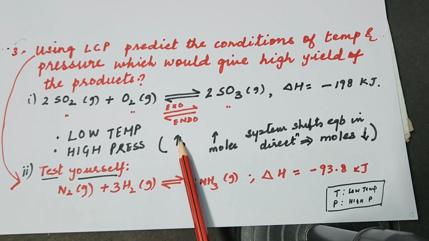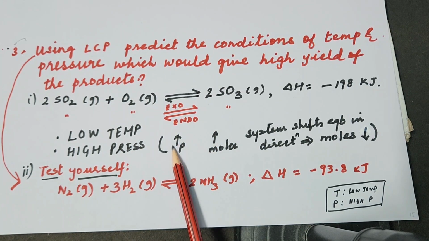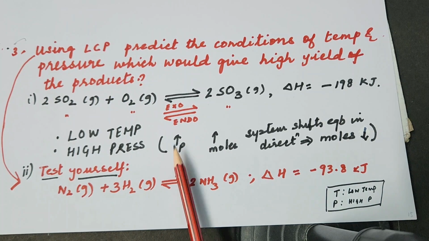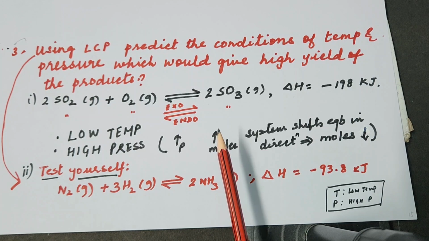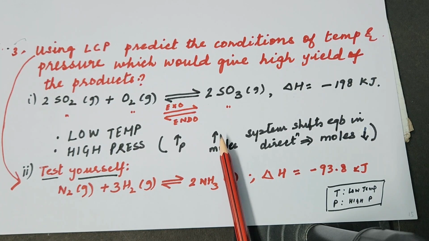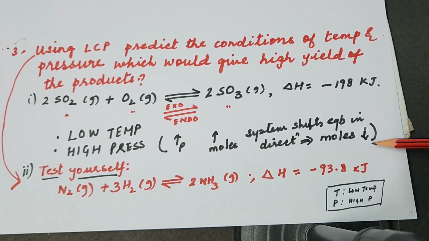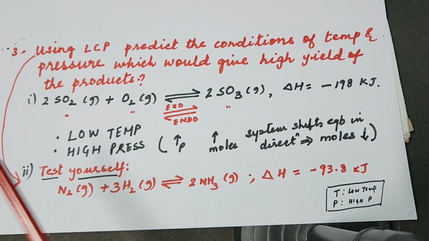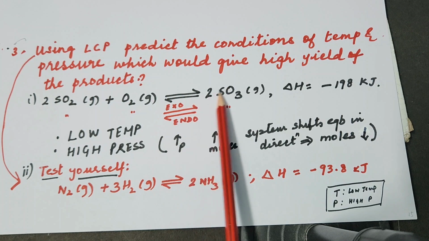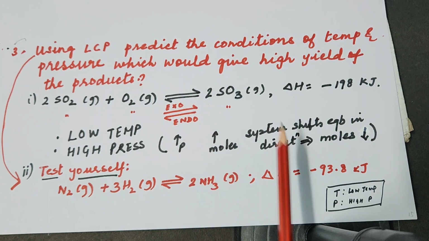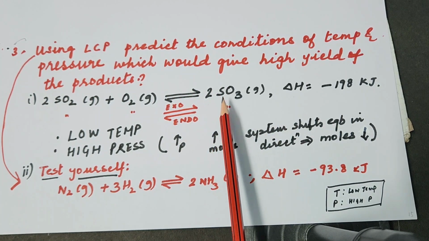If we increase the pressure on this system, directly whatever happens to pressure, same thing happens to moles. Moles will increase. System will try to undo the increase in moles by moving in that direction where moles are decreasing. So here you had 3 moles, here you had 2 moles. System will move in that direction where number of moles decreases, which is the forward direction.